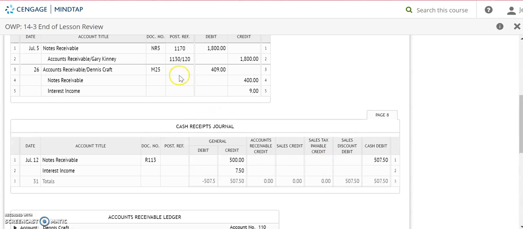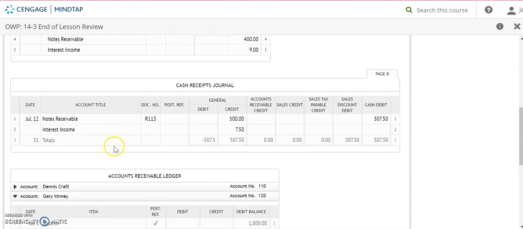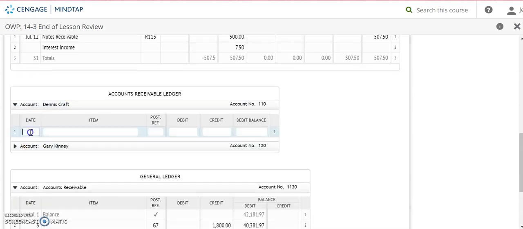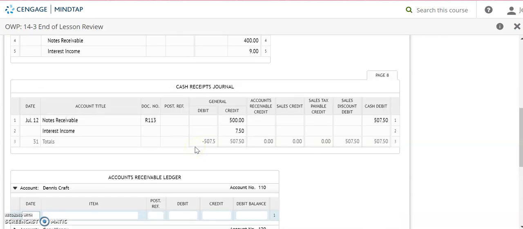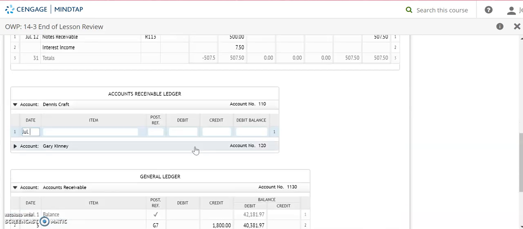Account number 1130 goes back up, and then the slash. And then we're also going to debit Dennis Kraft. So I have to put the month this time, July 26th. Post reference is G7 and a debit of 409. So the new balance then is 409.